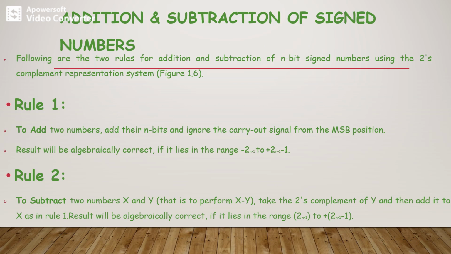Addition and subtraction of signed numbers. Following are two rules for addition and subtraction of n-bit signed numbers using the 2's complement representation system. The first rule: to add two numbers, add their n bits and ignore the carry out signal from the MSB position.